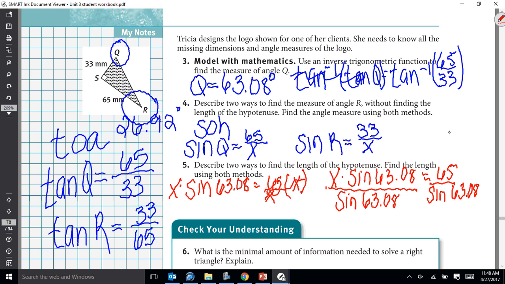So when you multiply, then divide by the same thing, it cancels. So now we have x equals 65 divided by sine of 63.08. And it makes sense, we're dividing by a decimal, and we want to make sure that our value, QR, is something greater than 65, because the hypotenuse should be the longest of your 3 sides.